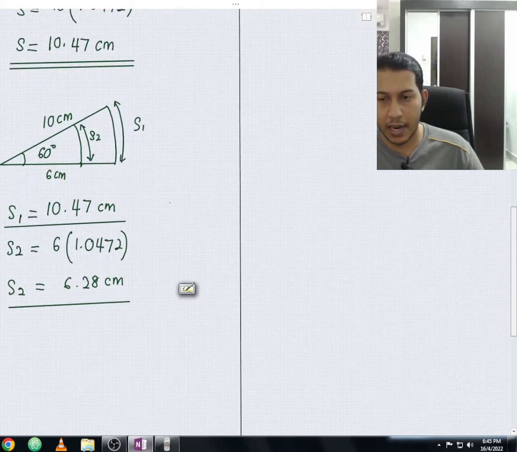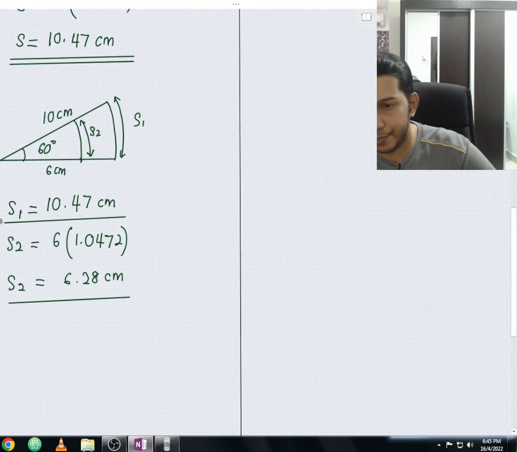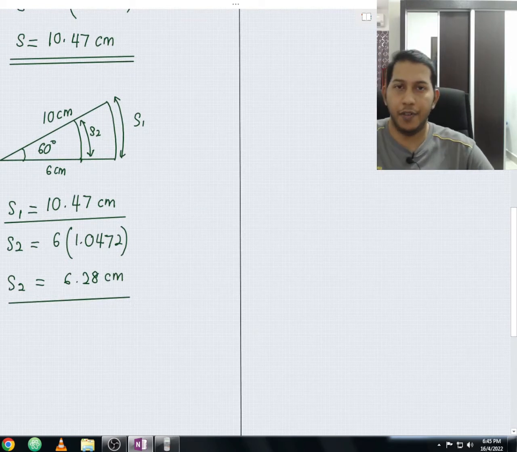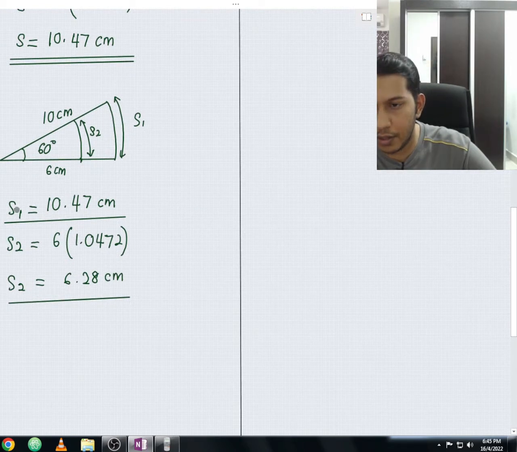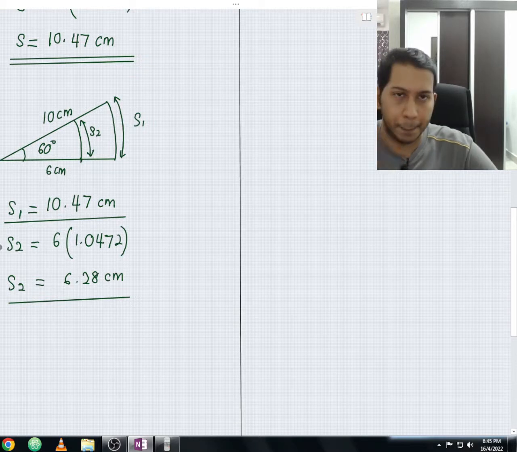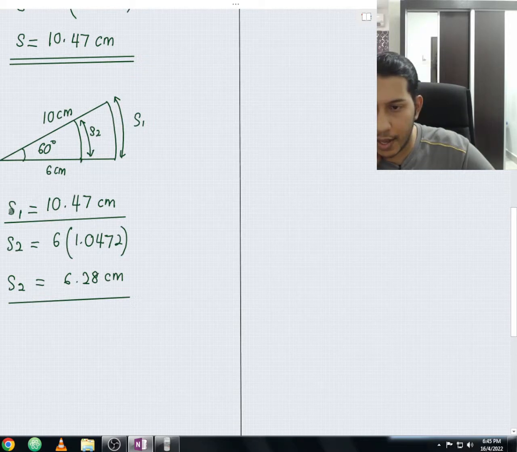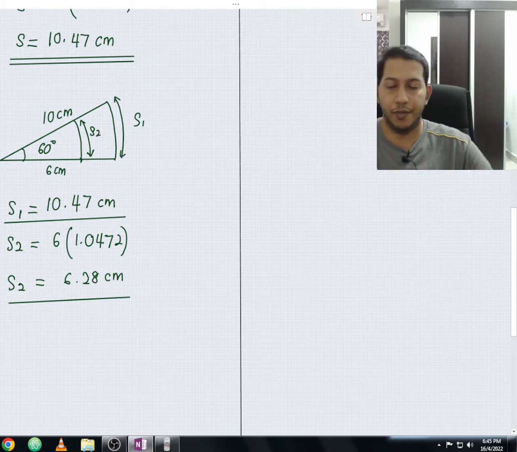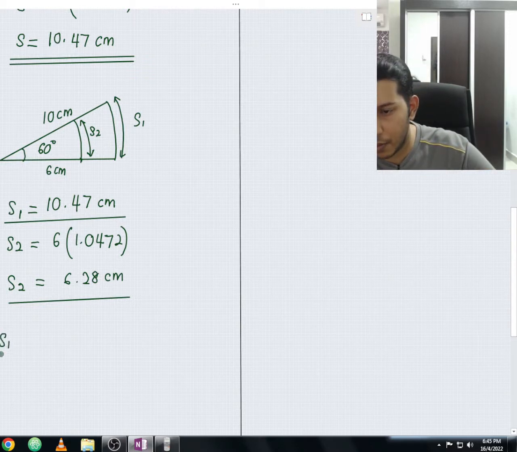Okay, so let's say you want to find the ratio. In order for you to find the ratio, the first thing you need to do is convert the ratio form into the fraction form, guys. So from here, ratio of S1 over S2 will be equals to 10.47 divided with 6.28.